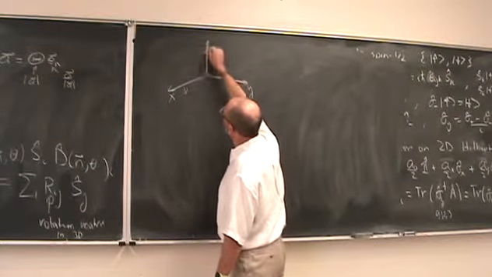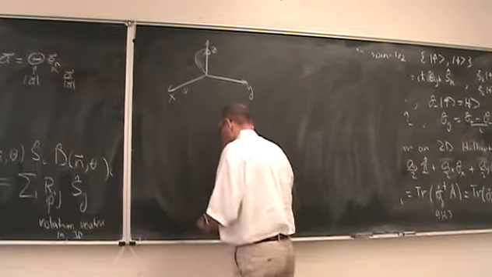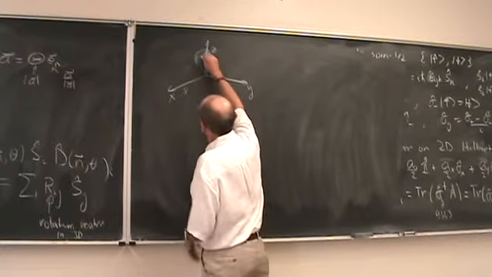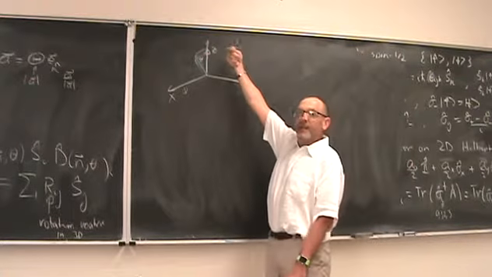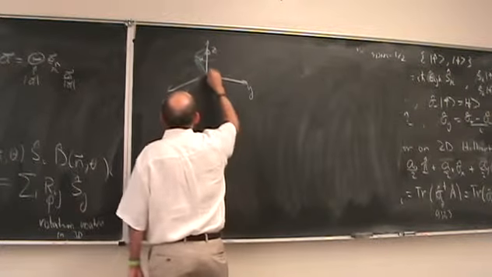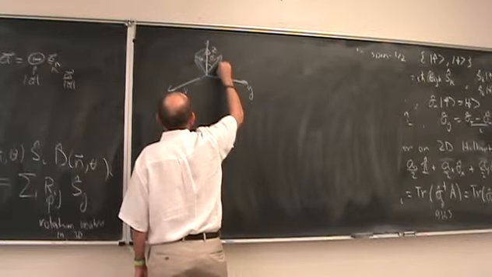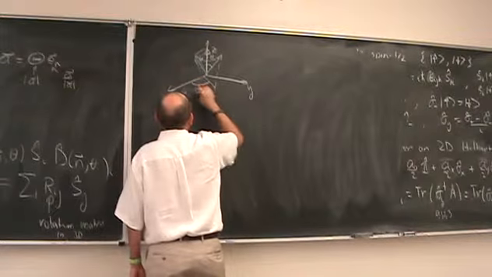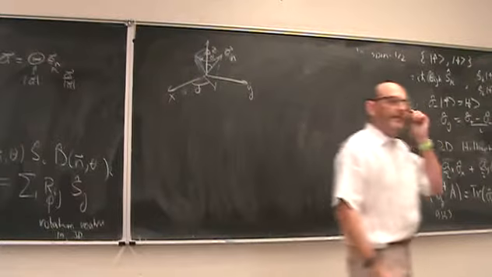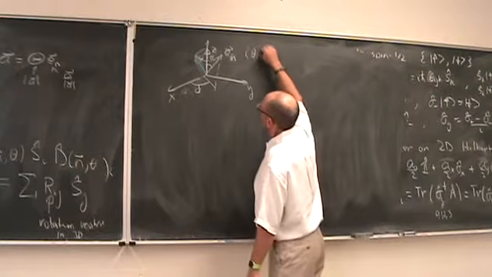If I first rotate this vector around the y-axis by theta, and then rotate it around the z-axis by phi, I end up with a vector that points in the direction e sub n, if e sub n is some arbitrary direction that's specified by theta and phi.